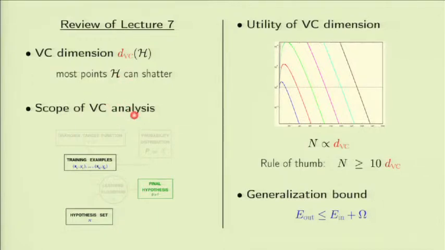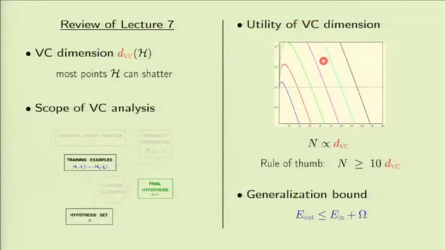So this is the most theoretical part, and then we went into a little bit of a practical part where we are asking about the utility of the VC dimension in practice. Someone comes with a learning problem, and you would like to know what is the size of the data set you need in order to be able to achieve a certain level of performance. And the way we did this analysis is by plotting the core aspect of the delta, the probability of error in the VC bound.